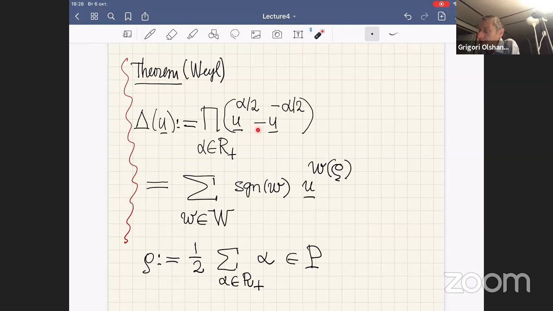And what is this? This is some analog of the expansion of the Vandermonde. In type A, we can view the Vandermonde either as a product of differences, like this, or as a determinant which can be expanded. And this is just this analog. So this is a beautiful result.